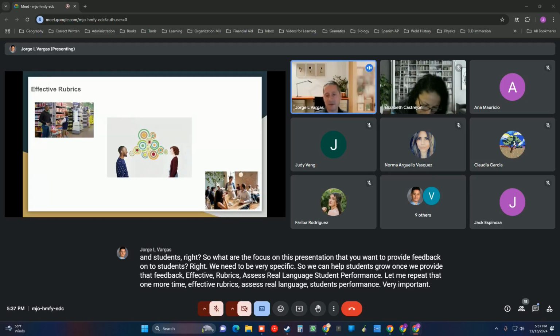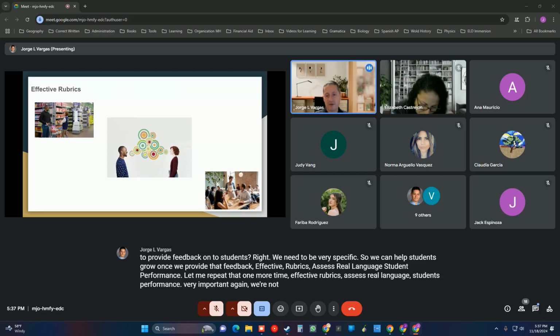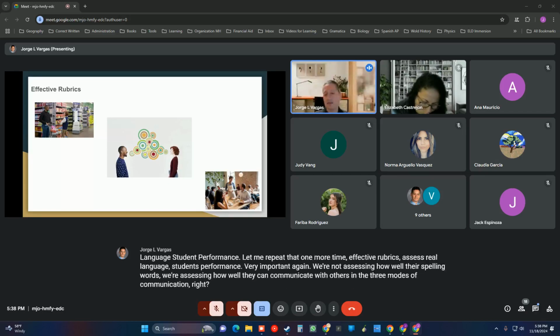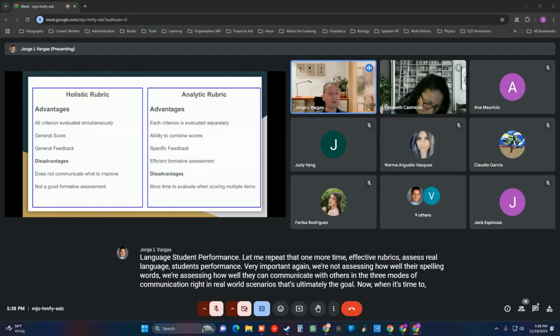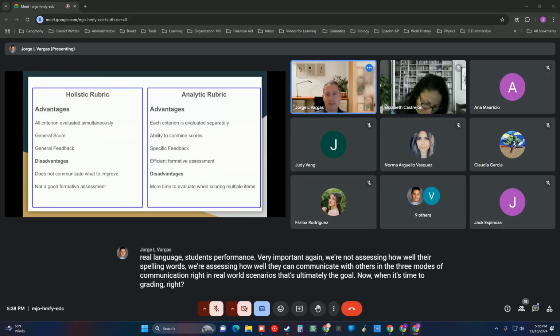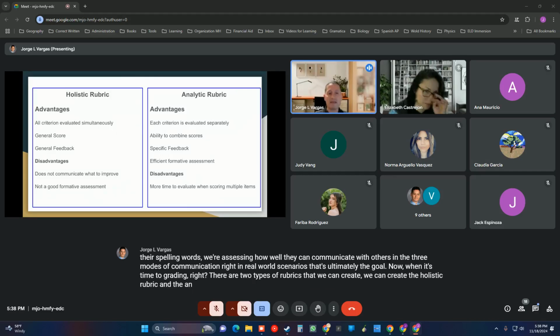You are looking at the presentation as a whole, not necessarily point by point. So you are providing a general score and you're also providing general feedback about that presentation. The disadvantages are that it doesn't communicate what to improve very specifically, and it is not a good formative assessment.